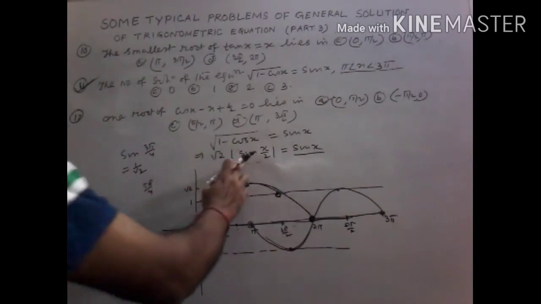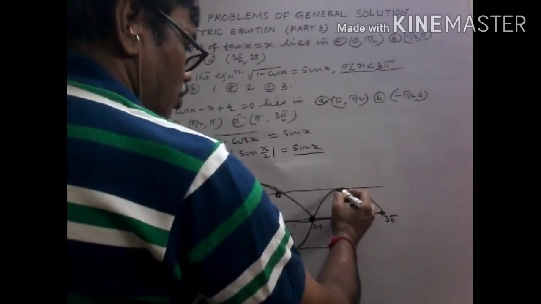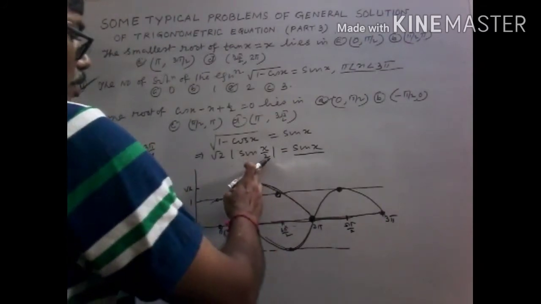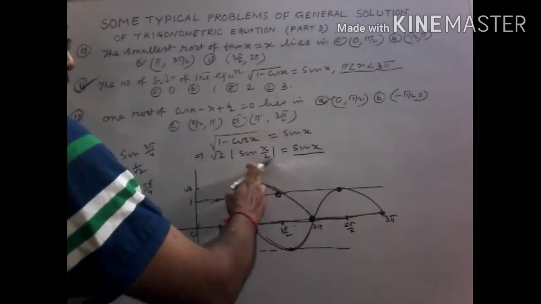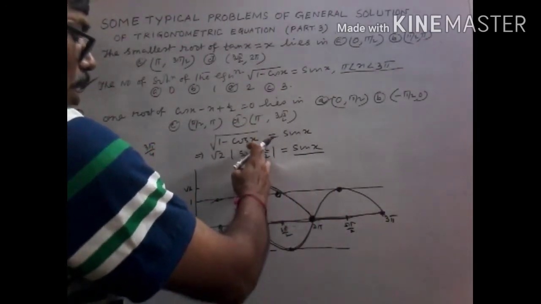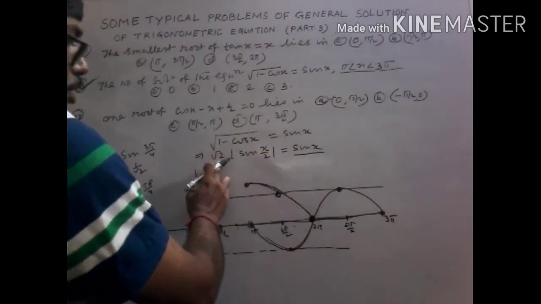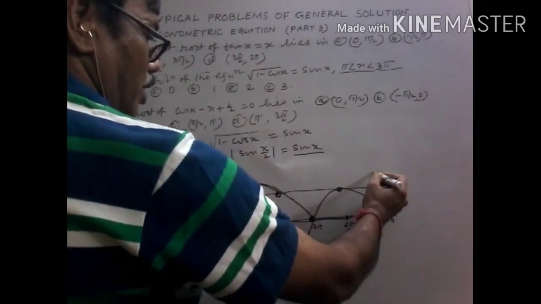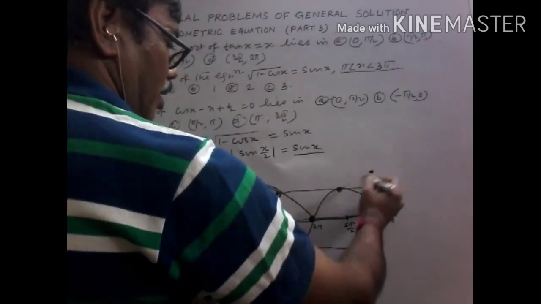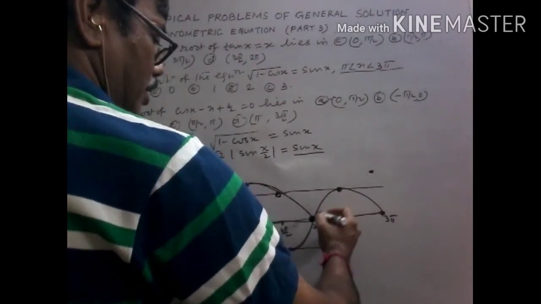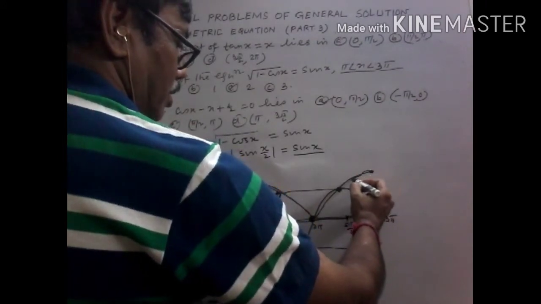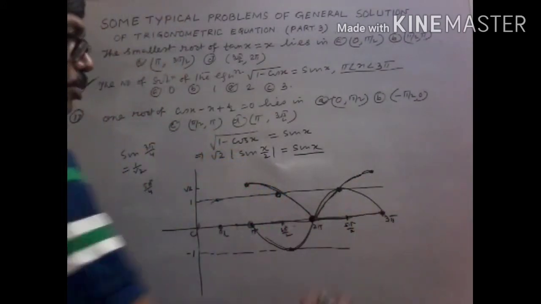Then multiplied by root 2, this is 1 since it is modulus sine. And sin 3 pi by 2: if we put 3 pi by 2, it is minus 1, but it is mod, so 1 into root 2. So the figure will be like that. So we are getting a figure like that.